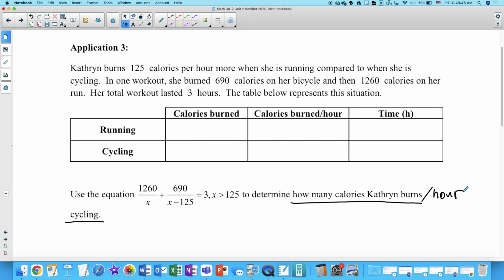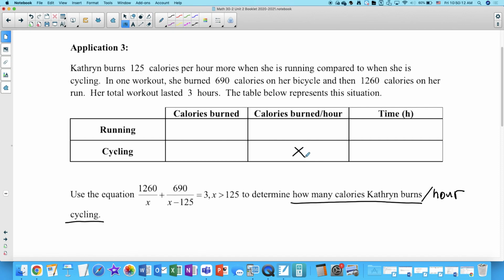Now, if this is what we want to know, how many calories she burns per hour cycling, where do you think we should assign our variable? How many calories she burns per hour cycling? That's what we want to know. We got to put a variable somewhere in this chart. Yeah, let's put it in here.